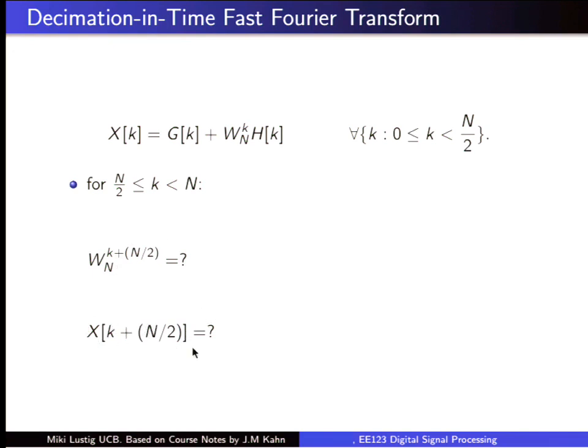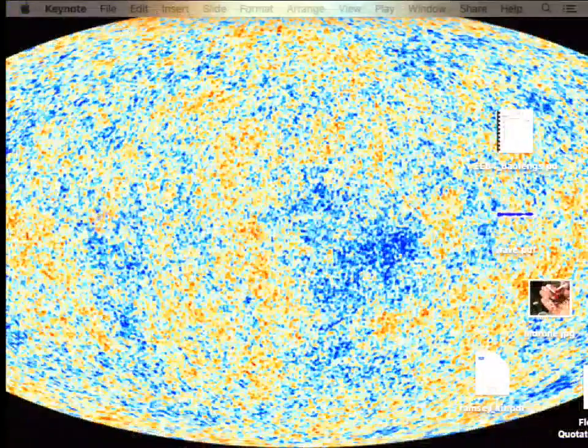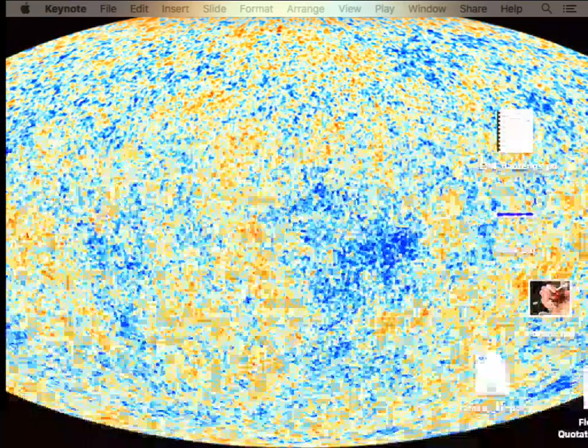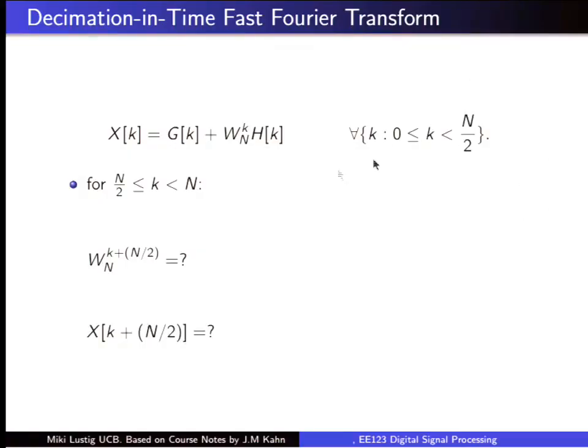What is this and what is this? If you actually write it down, you'll see that they're in fact negative of each other.